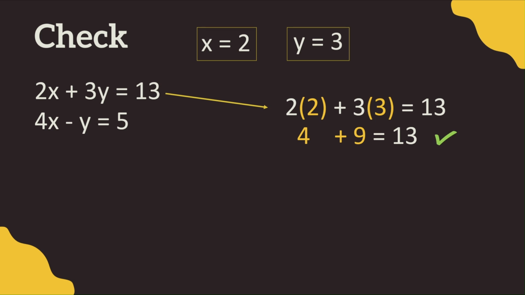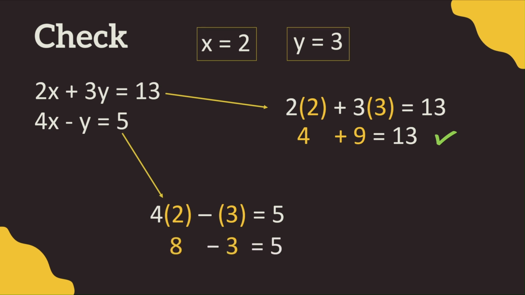Correct. Now let's check the second equation. 4 multiplied by 2 minus 3 equals 5. That's 8 minus 3 equals 5. Also correct. So our final answer is x equals 2 and y equals 3.